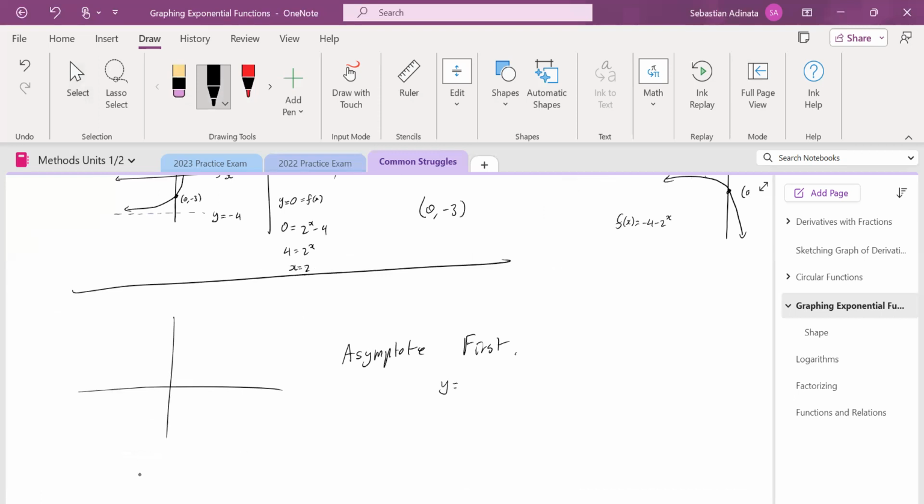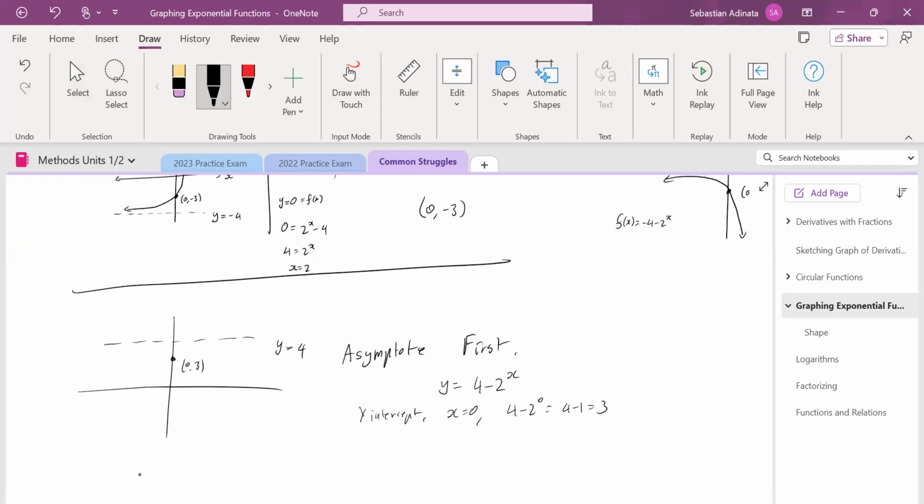So if we have y is equal to 4 minus 2 to the x, we know the asymptote is y equals 4 immediately. And then the next thing you want to find is the y-intercept. And that will be x equals 0. So you get 4 minus 2 to the 0 equals 4 minus 1 equals 3. So 0 and 3.